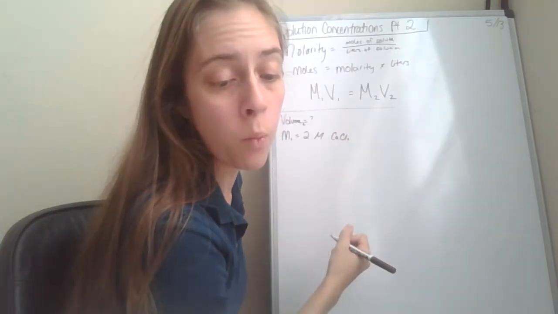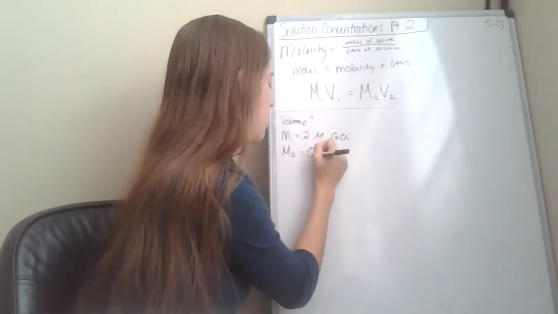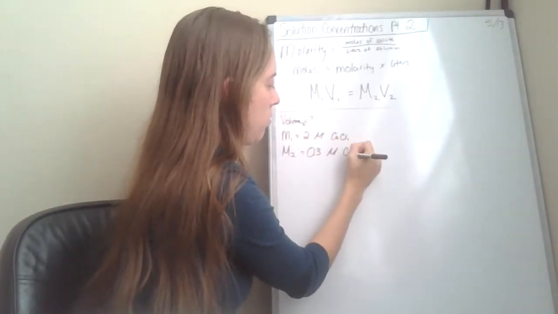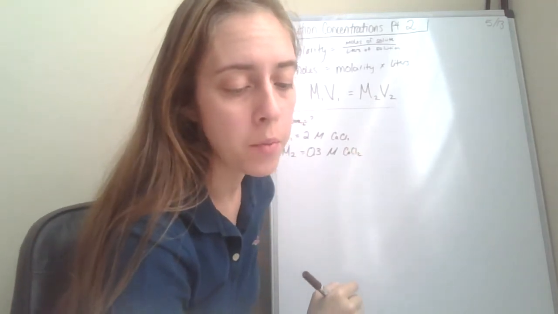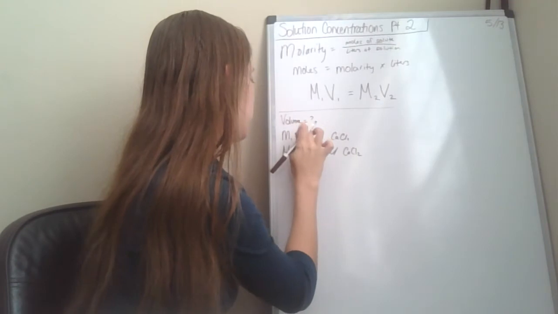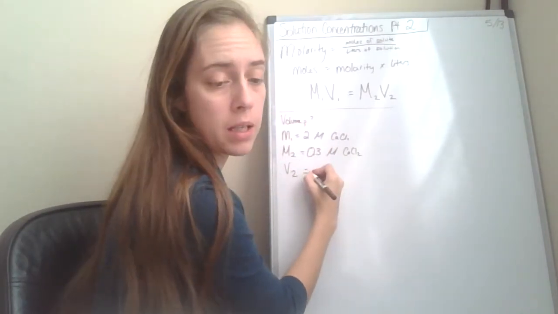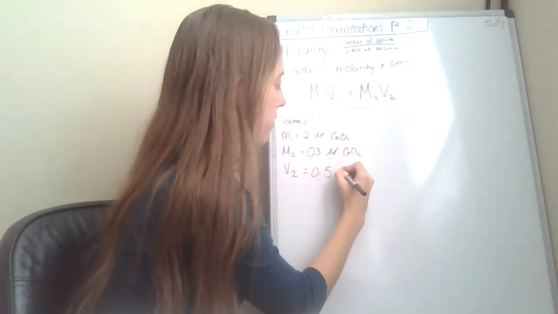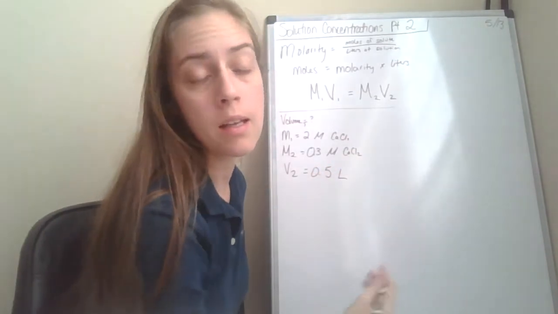Then we want a 0.3 molar, so that would be molarity 2. So that's what we have, that's what we want. And we're told that our volume 2 must be 0.5 liters. And so our volume 1 is unknown.